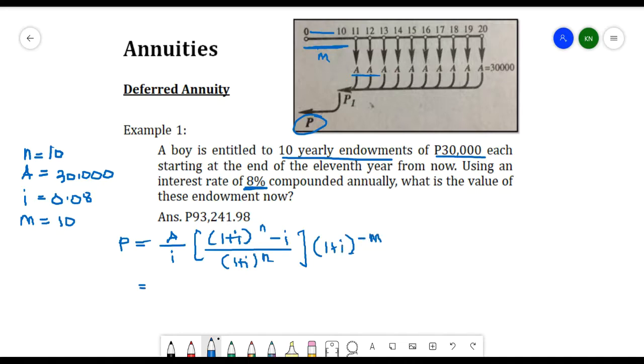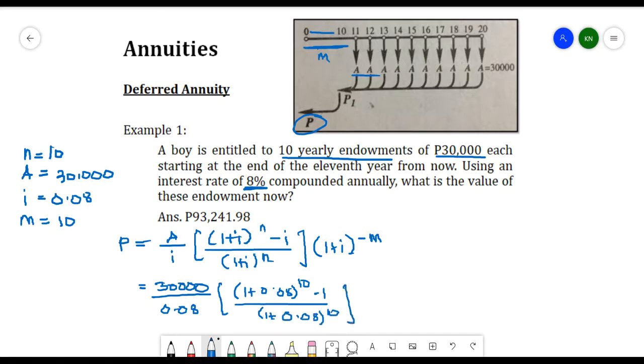Again, we have A as 30,000, divided by our interest, which is 0.08, multiplied by (1 plus 0.08 raised to 10 minus 1) all over (1 plus 0.08 raised to 10), multiplied by 1 plus 0.08 raised to negative M, which is 10.